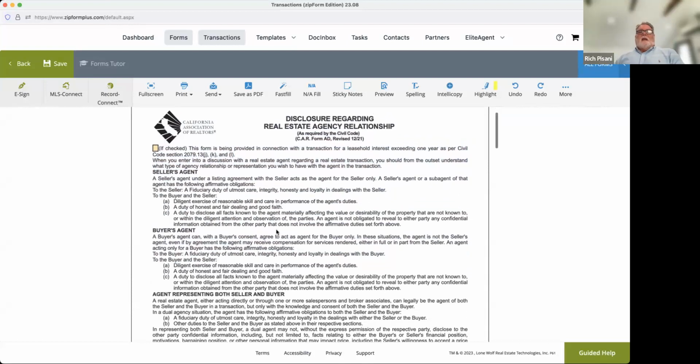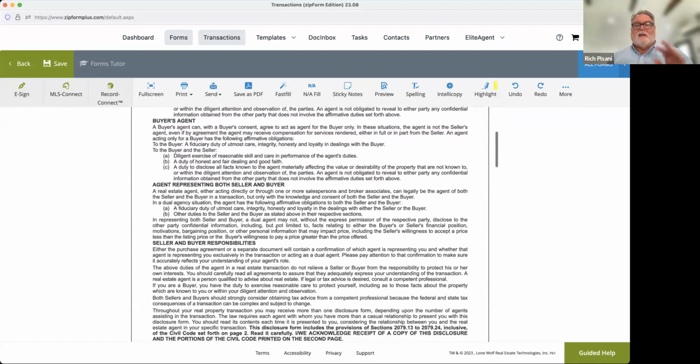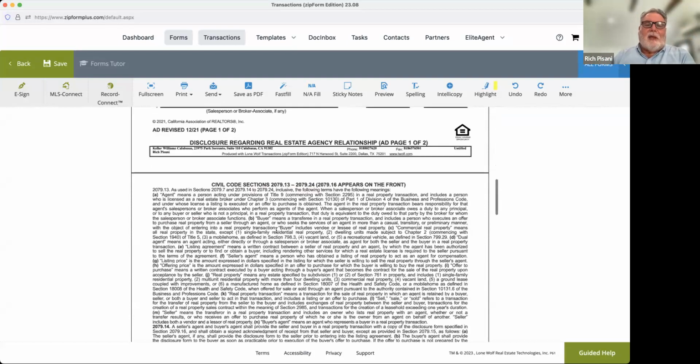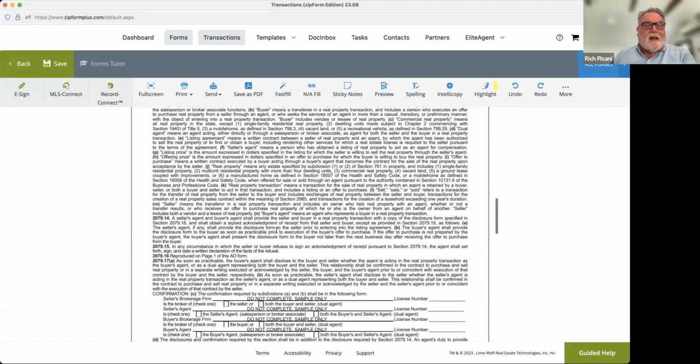Sorry about that. So this is agency. It lists what a seller's agent is, what a buyer's agent is, what a dual agent is, and what the buyer and seller responsibilities are. It's just explaining agency. That's all that this form does. And on the second page, it's the actual state statute.